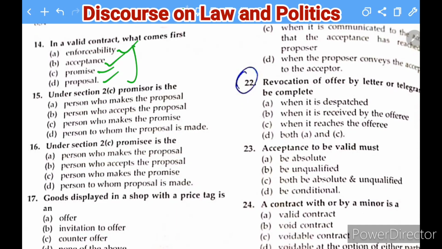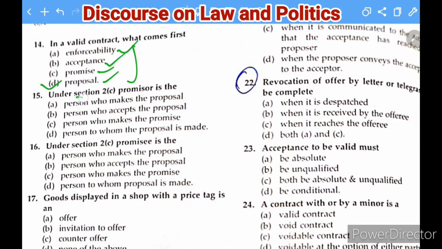When you are going to make a valid contract, which step will come first? See the options and give your answer through the comment box or the chat box. Yes, the answer is here, which you all can see. That is the proposal. Firstly, you need to have a proposal, and then you can go for the valid contract.